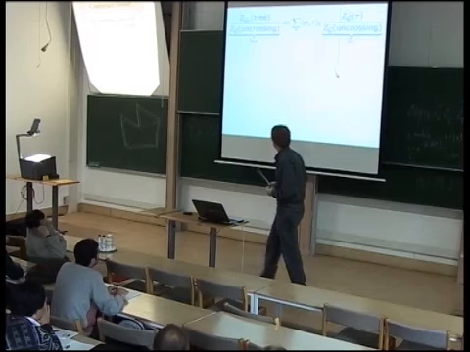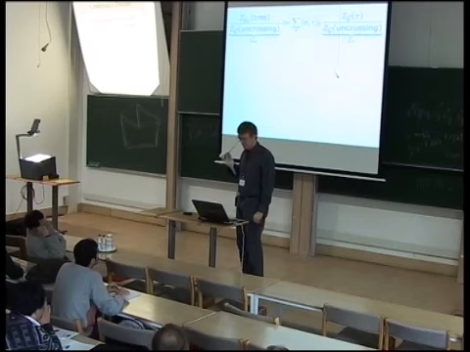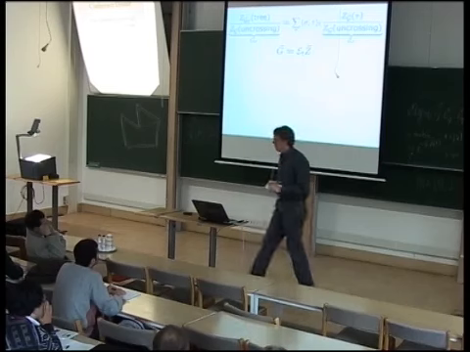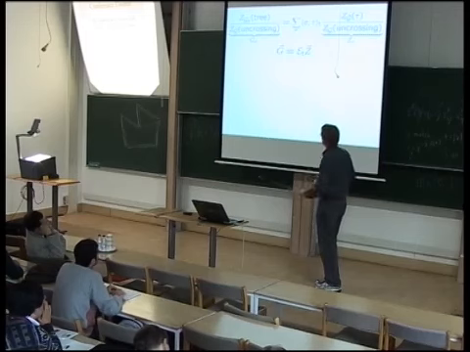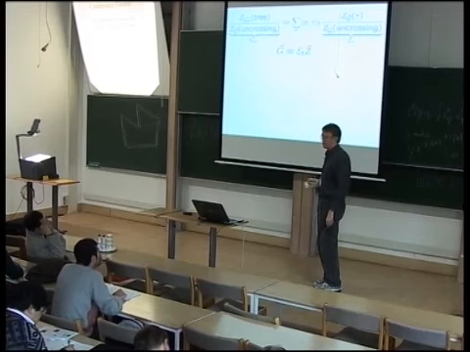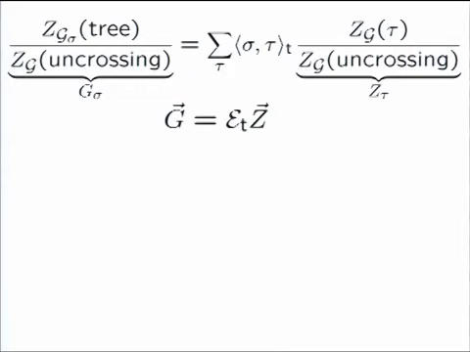By the way, nothing so far depends on planarity, so that'll come in a moment. Okay, so I'm just going to take this equation and re-express it in matrix vector notation. So the g vector is just the g of the sigmas for all the different choices of partition sigma.